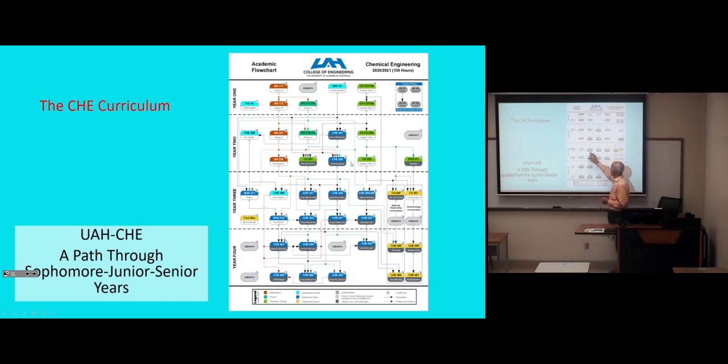And then from us, you will take the quantitative methods for chemical engineers, the second half of chemical engineering thermodynamics. You'll take nature and properties of materials. You will take transport phenomena, kinetics and reactor design, and then you'll take unit operations, or the first unit operations.